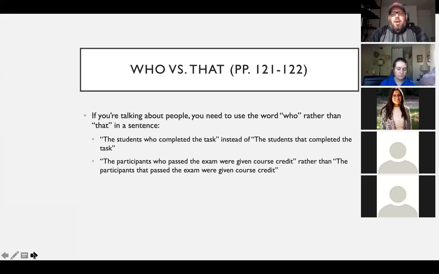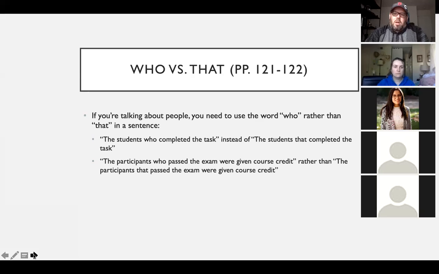The other piece that I often see come up in students' work, and this is an interesting one because grammatically it is not incorrect, but this is an APA specific rule. On pages 121 and 122 of the manual, they talk about the use of who versus that. If you're talking about people, APA says that you need to use the word who rather than that in a sentence.